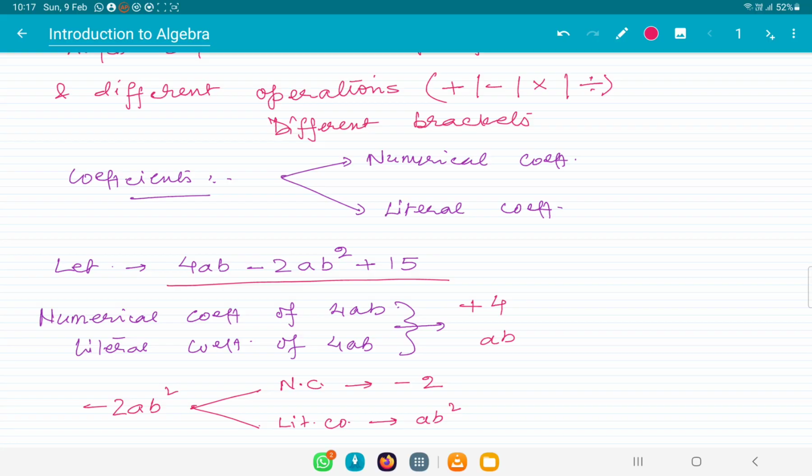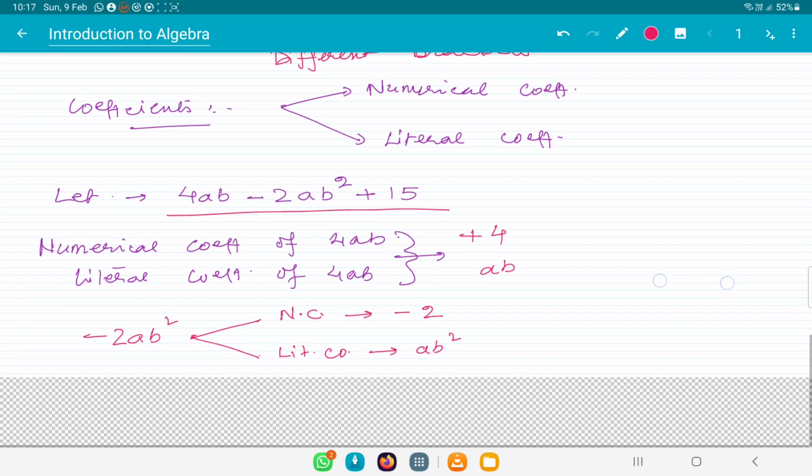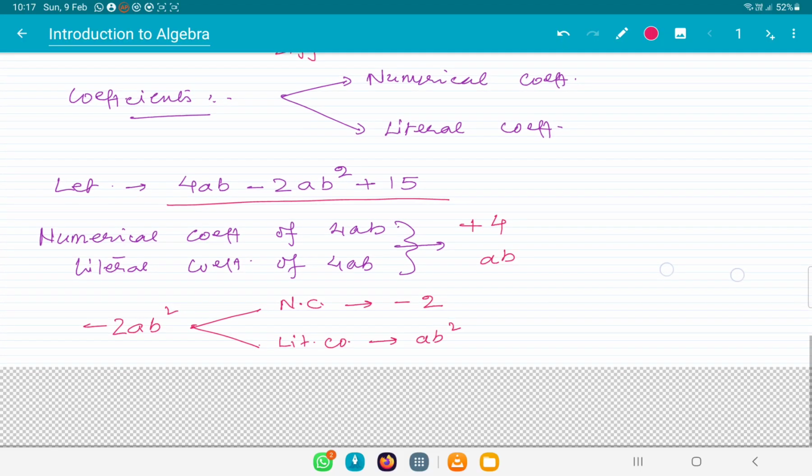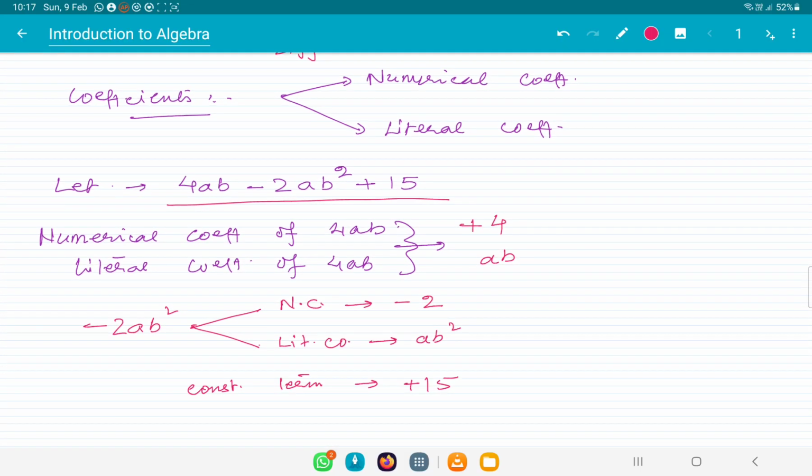Now we are seeing coefficients again. Earlier we saw how to find the coefficient, and here we are seeing types of coefficients. We have 2 types of coefficients, numerical coefficients as well as literal coefficients. Suppose we have one algebraic expression, 4ab minus 2ab square plus 15, and in this expression you have to find the numerical coefficient and literal coefficient in different terms.